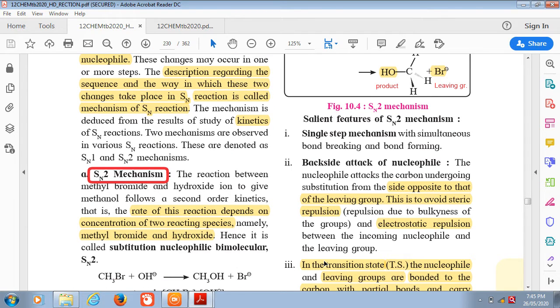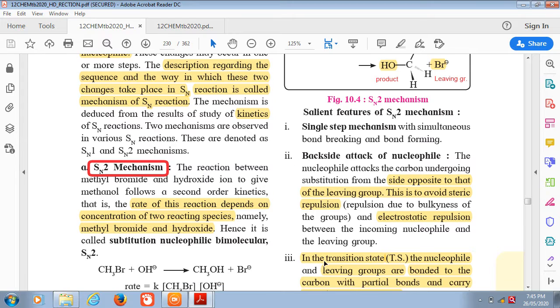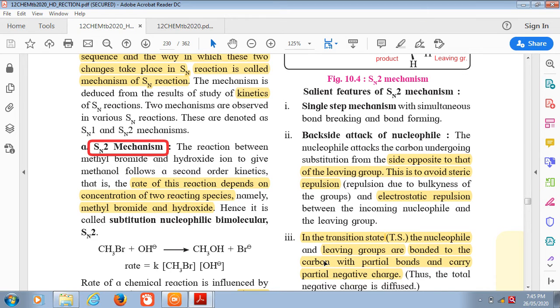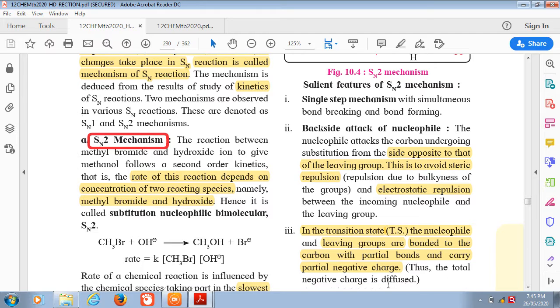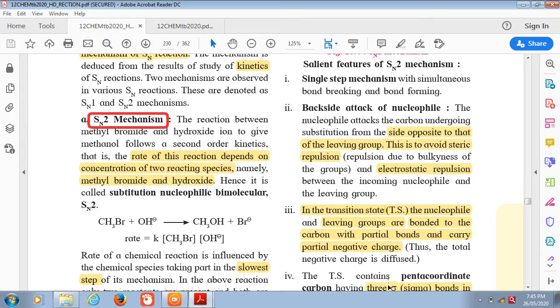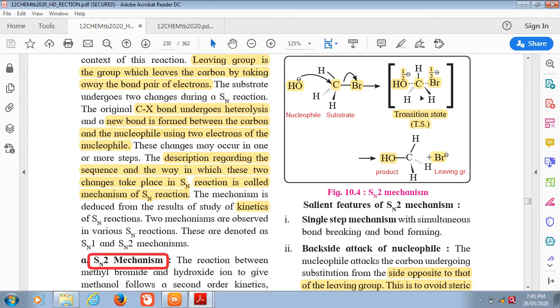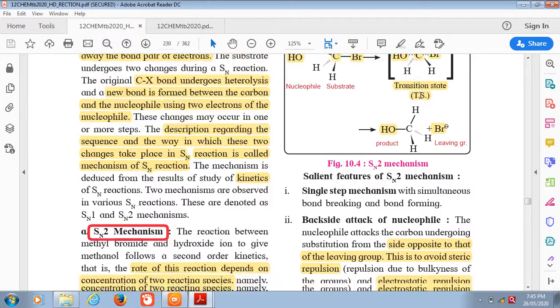And the next point is about the transition state. In the transition state, the nucleophile and leaving group are bonded to carbon with partial bonding and carry a partial negative charge. So it is denoted by minus half on OH as well as Br. And if you observe that transition state, there are 5 different groups attached to your center carbon: 3 hydrogen, 1 OH, 1 Br.